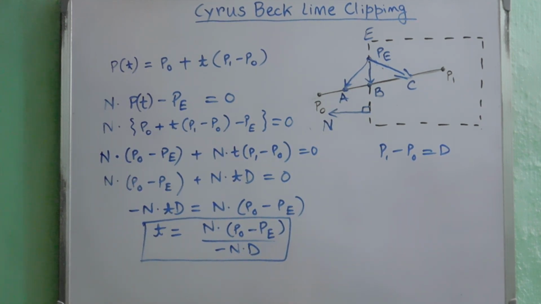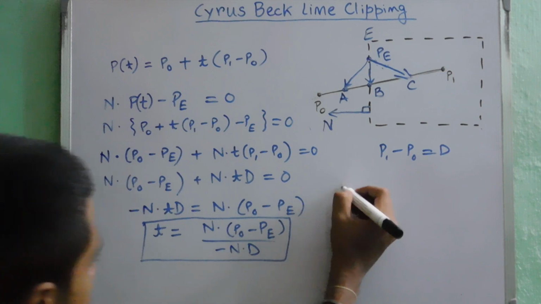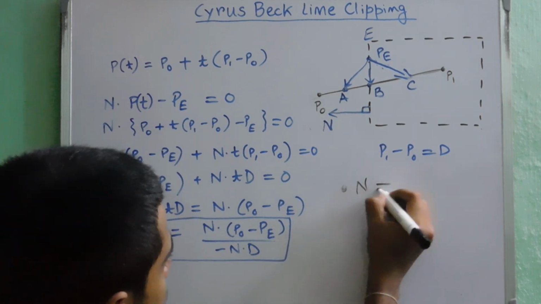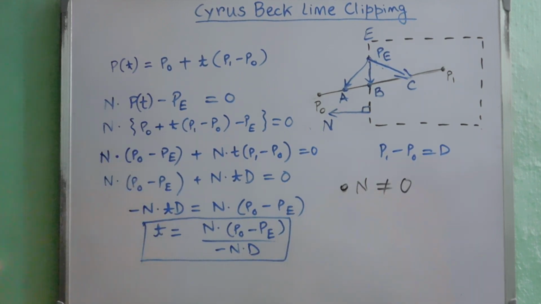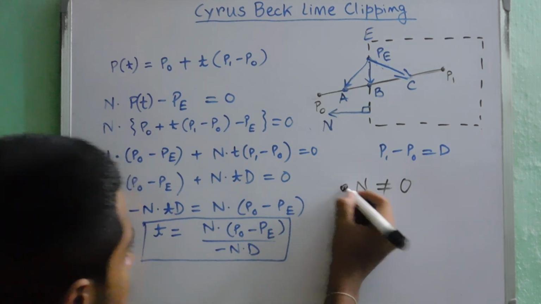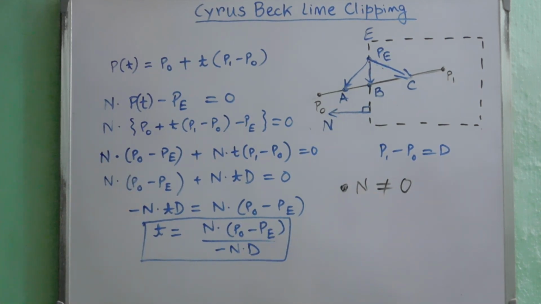Now the value of T must satisfy three conditions. The first one is N not equal to 0. The normal vector will not be 0, because if it becomes 0 that might cause an error.